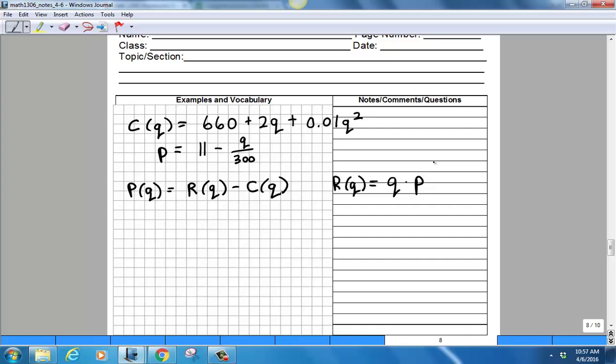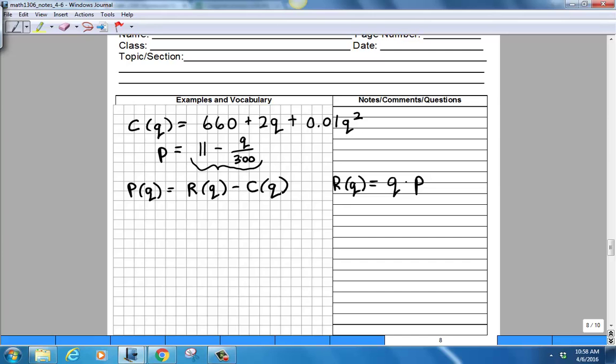So there's the revenue formula, but I have a formula with both Q and P in it. Somehow I've got to figure out how to eliminate or replace that P. The demand equation helps me, because I know the relation between price and demand: the price is equal to this expression.